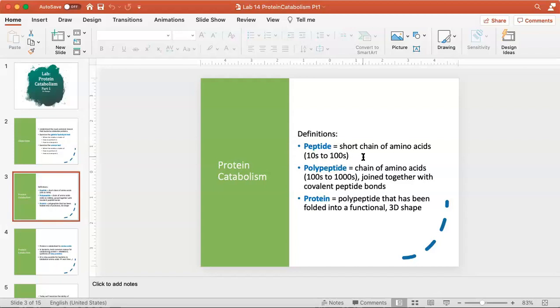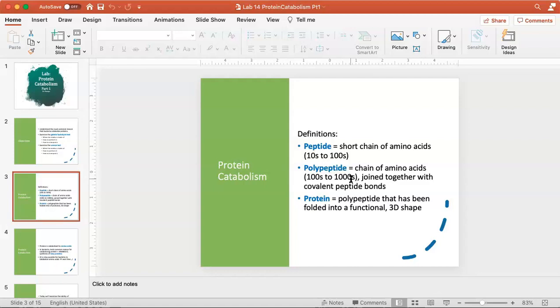A polypeptide then is a longer chain of amino acids, and essentially the first form, or what we often call the primary structure of a protein. It's a long chain of amino acids, generally in the area of hundreds to thousands of amino acids. Again, all joined together with covalent bonds.